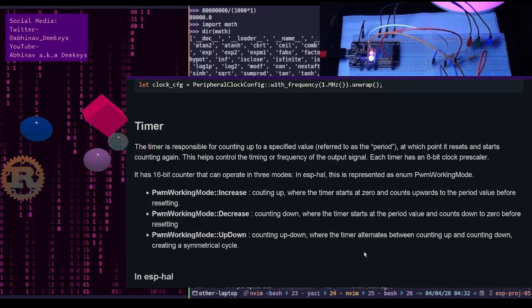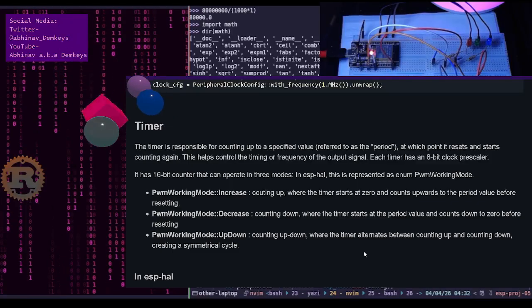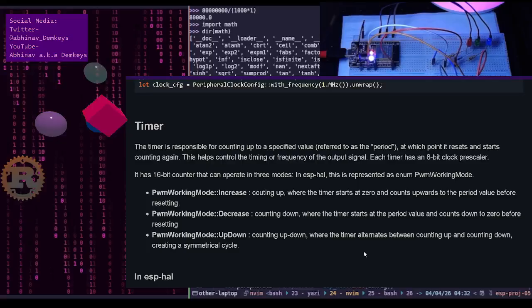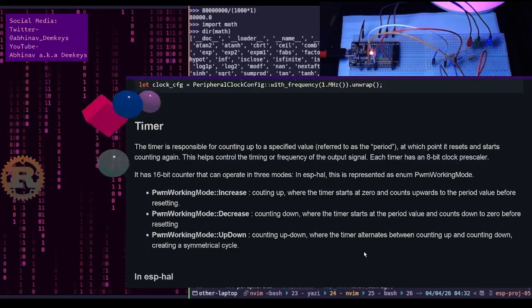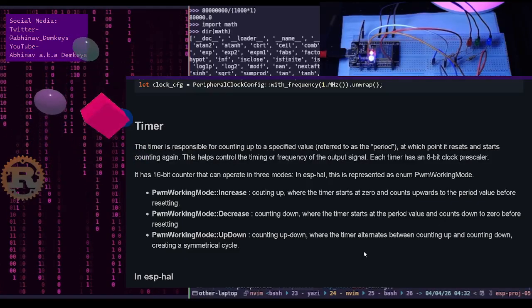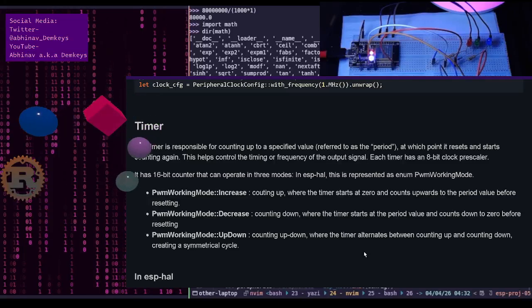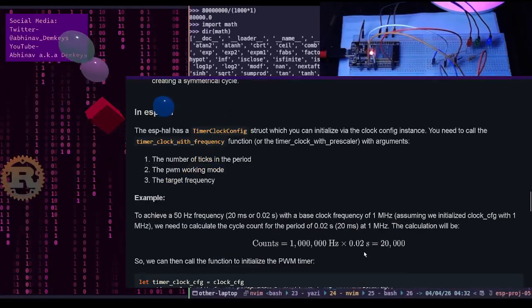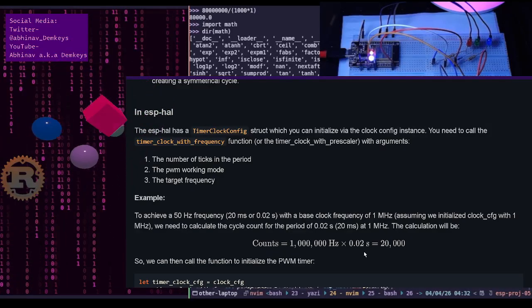Increase is counting up, where the timer starts at 0 and counts upwards to the period value before resetting. Decrease is counting down, where the timer starts at the period value and counts down to 0 before resetting. Count up-down: is it like a ping pong thing where the timer alternates between counting up and counting down, creating a symmetrical cycle? In ESP-HAL, there is a timer clock config struct.